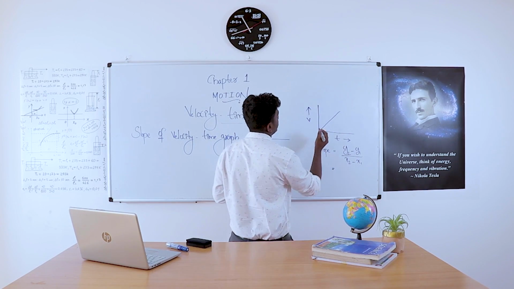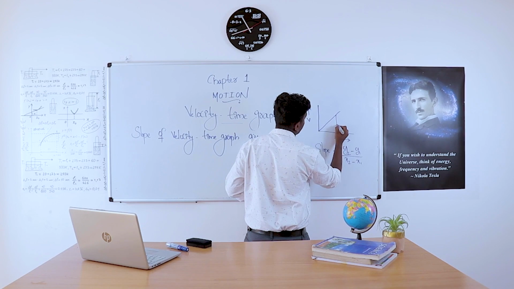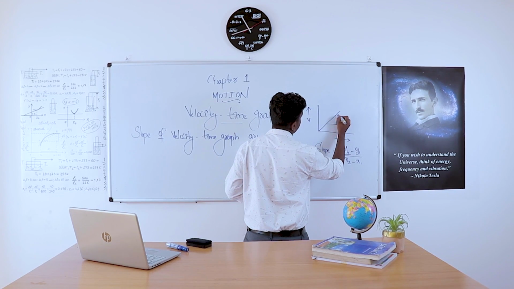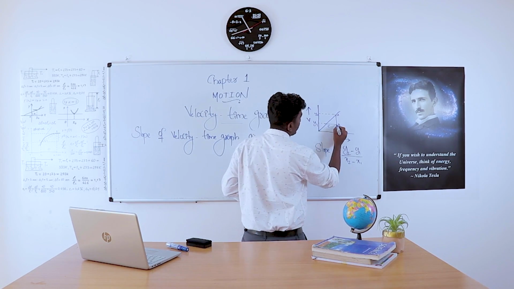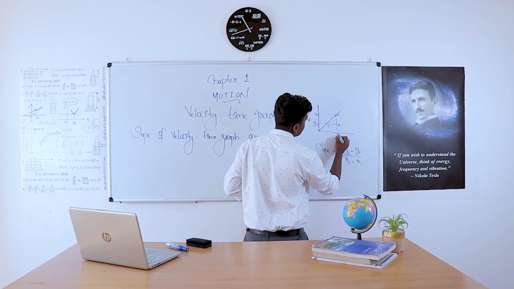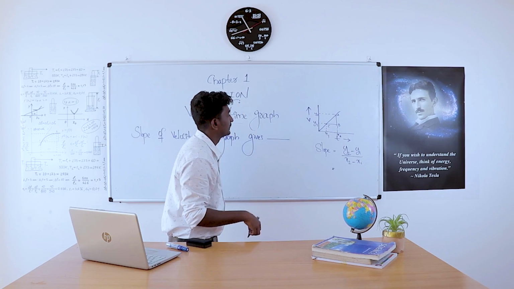That is equal to, consider a small triangle, points are A, B, C. This is the y2 value and this is the y1 value. And in the x-axis, this is the x2 value and this is the x1 value.